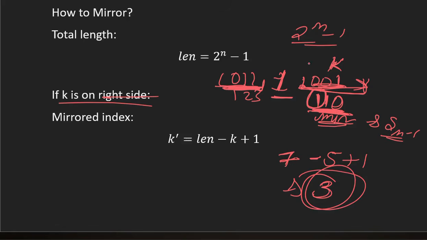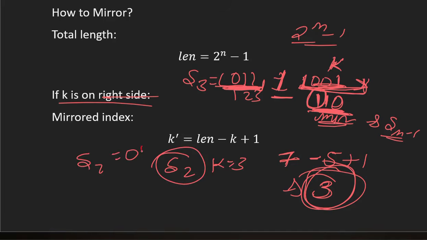And one more thing is, now we are in the right half. So suppose this is s of 3, and now our k has been updated to 3. Then we find k equal to 3 in the s2 string, and the s2 string is 0 1 1, and at k equal to 3 we have 1, right?